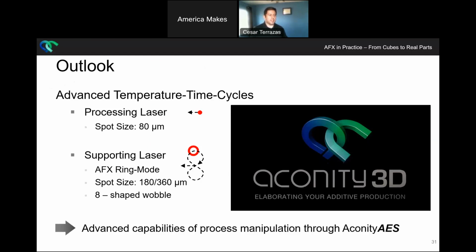And not only that, but the fact that you are given control through Aconity Studio to modify the parameters and scanning strategies can lead to advanced strategies for controlling the thermal input and the resultant microstructure and mechanical properties even more. This is just an example of what advanced scanning strategies are possible.